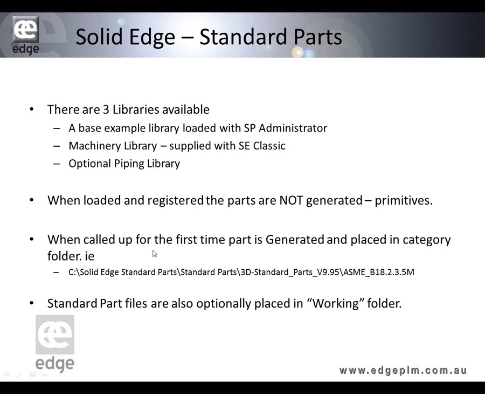The parts are not generated. It's when we call them up that they become generated, and they're placed in a category folder. So in my case, I have my standard parts loaded on C standard parts. Under that, it'll create a directory called standard parts, 3D standard parts with a version, and then the category. In this case, it's an ASME metric bolt.